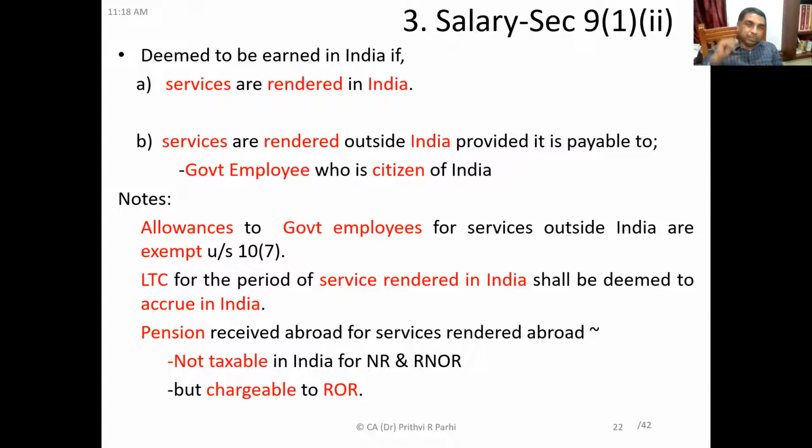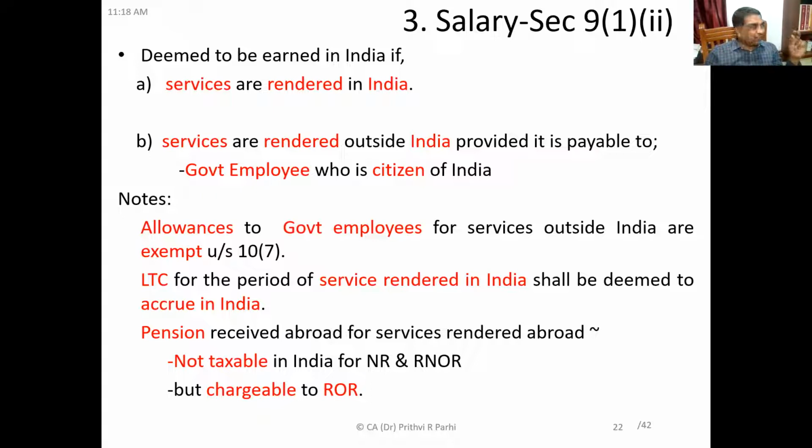Some people may go on leave travel concession. They may go on LTC to a foreign country. Let us say you are working in a bank in India and you are traveling on LTC to a foreign country. Let us say you have gone for 1 month to Switzerland. You will be receiving that 1 month's salary, but in that month you are located in Switzerland.